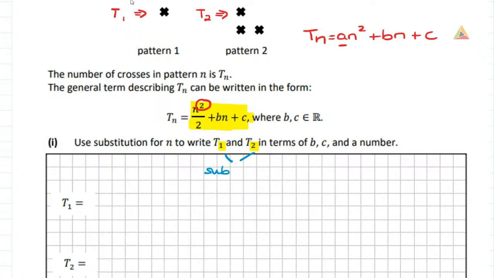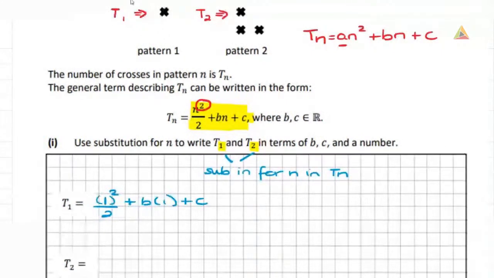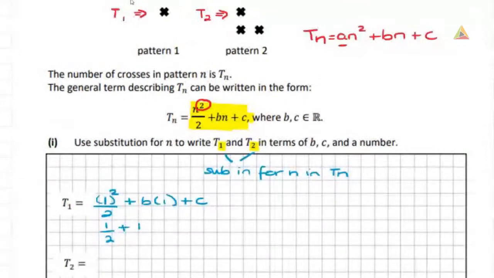So we'll sub in for n in Tn. My formula, Tn is equal to n squared, so that's 1 squared over 2, plus b times 1 plus c. So 1 squared over 2 is 1 over 2, plus 1b is b, plus c. So that's my T1 in terms of b, c, and a number.